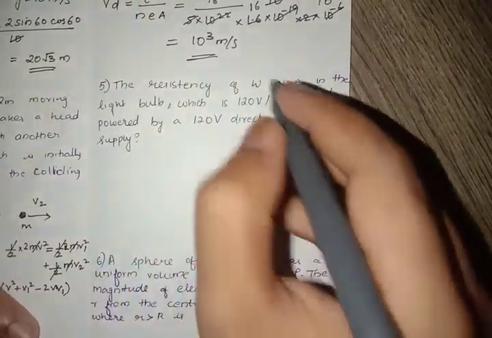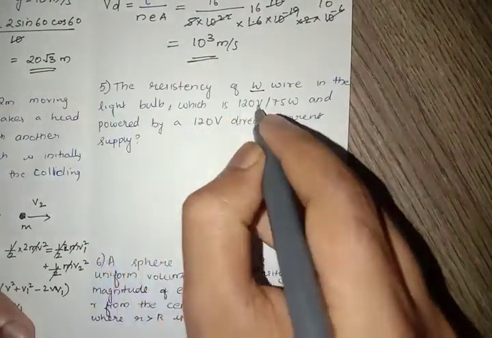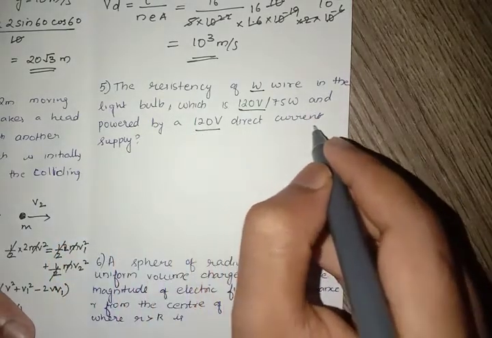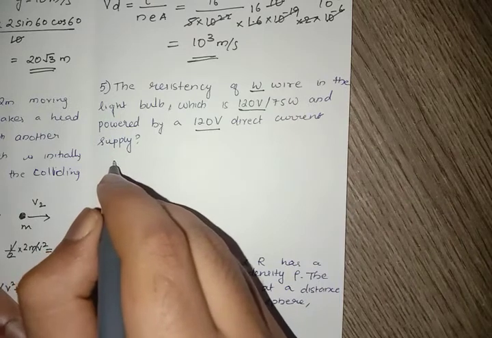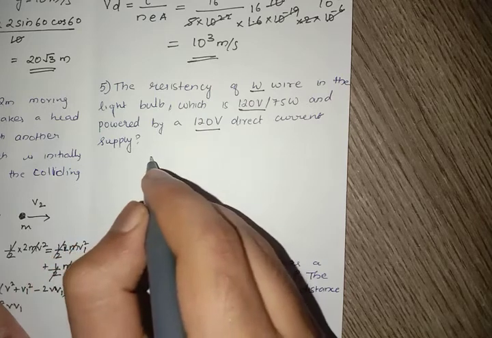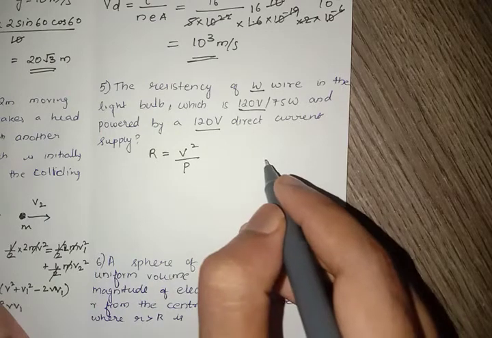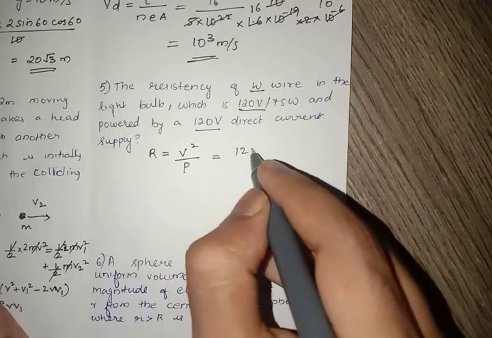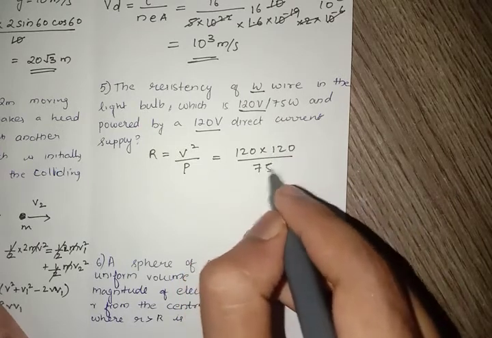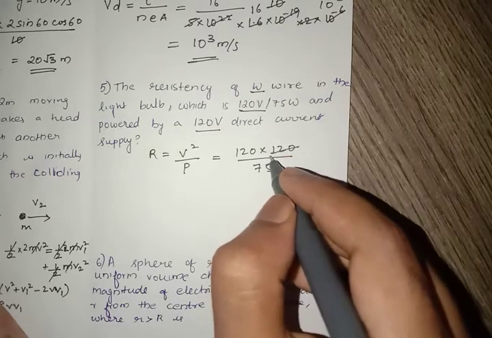The resistance of the W wire, W meaning tungsten wire in the light bulb, which is 120 volt, 75 watt, and powered by a 120 volt direct current supply. So we need to find the resistance. R is equal to V squared by P. This is equal to 120 into 120 by P, which is 75.